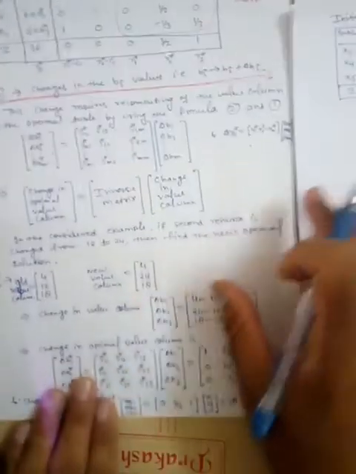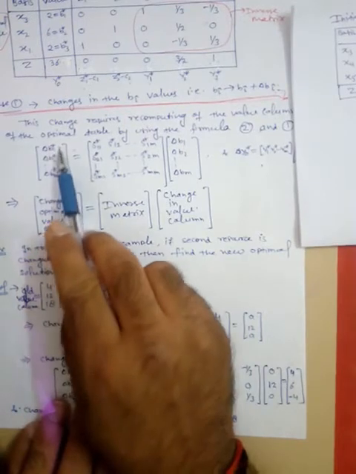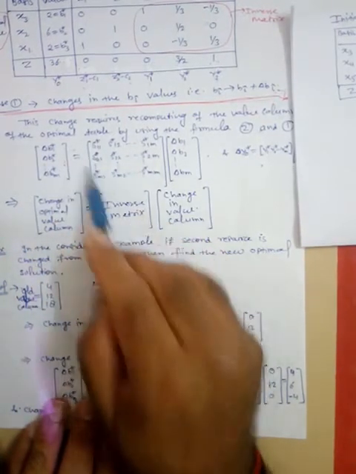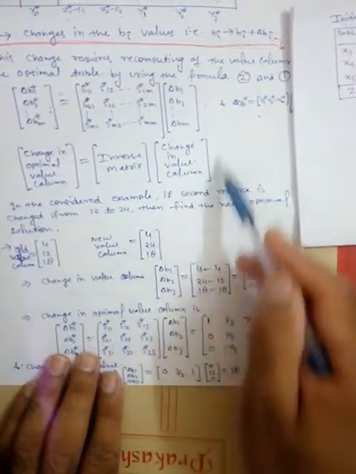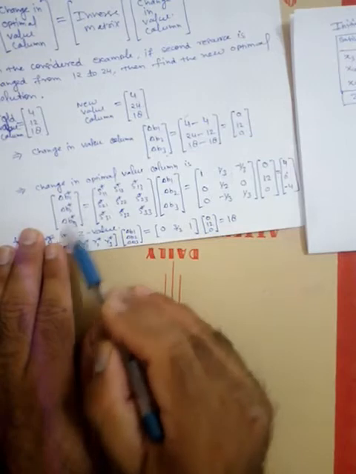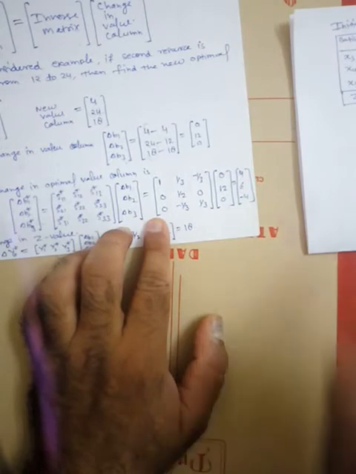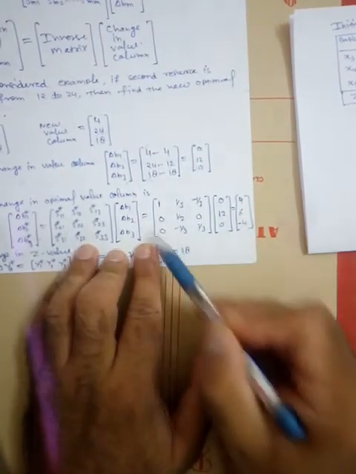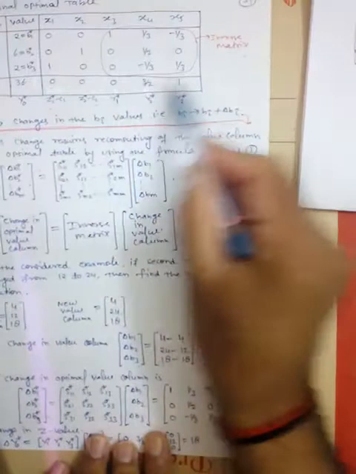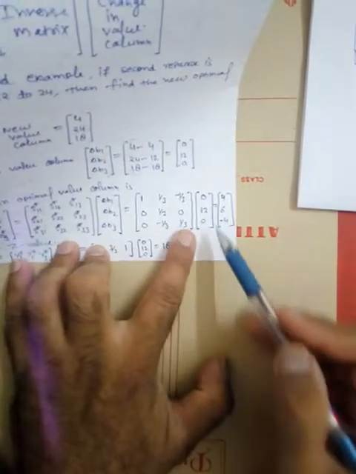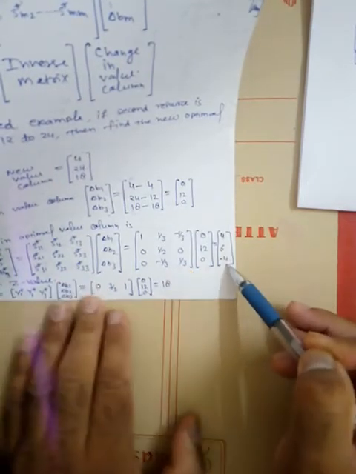Now we use this formula: the change in the optimal values column equals the inverse matrix multiplied by the change column. The inverse matrix multiplied by 0, 12 and 0 gives 4, 6 and minus 4.